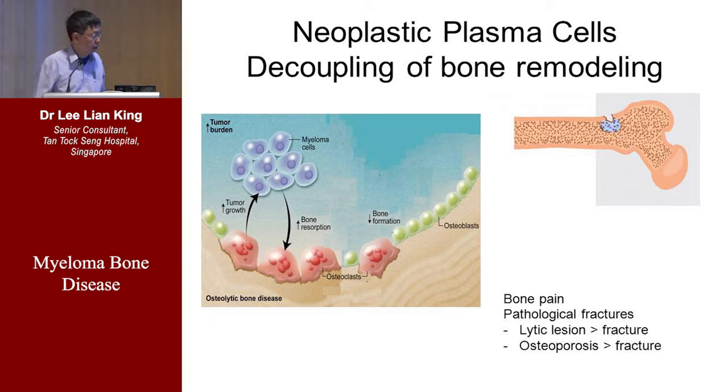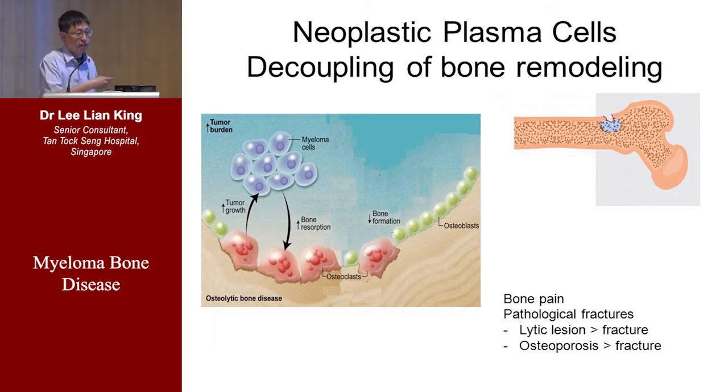Now, what happens to the bone in the myeloma patient? In the small picture on the right side, you can see a small area where there's an accumulation of these plasma cells. Because this sort of focus occurs in many places, we call this disease multiple myeloma.